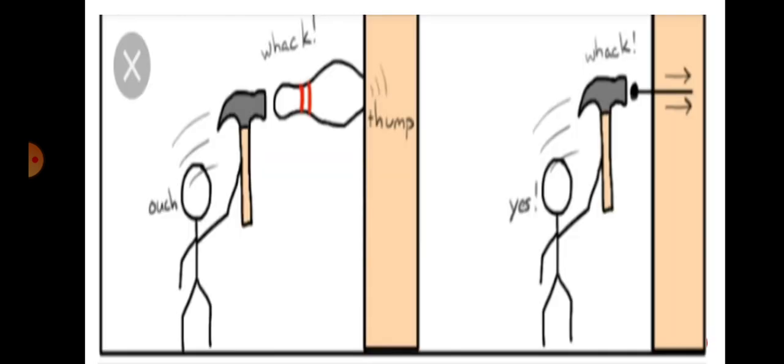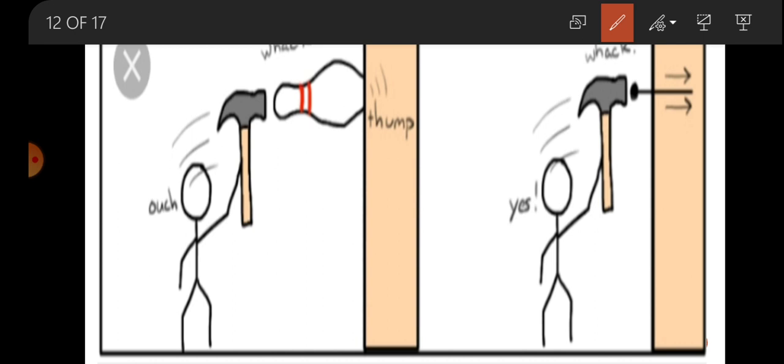Now you can see that there is a mechanic who is trying to insert these two objects. There is an object and there is a pin in this particular wall. So first he strikes with a hammer on this particular object, so you can see that there is a large area.